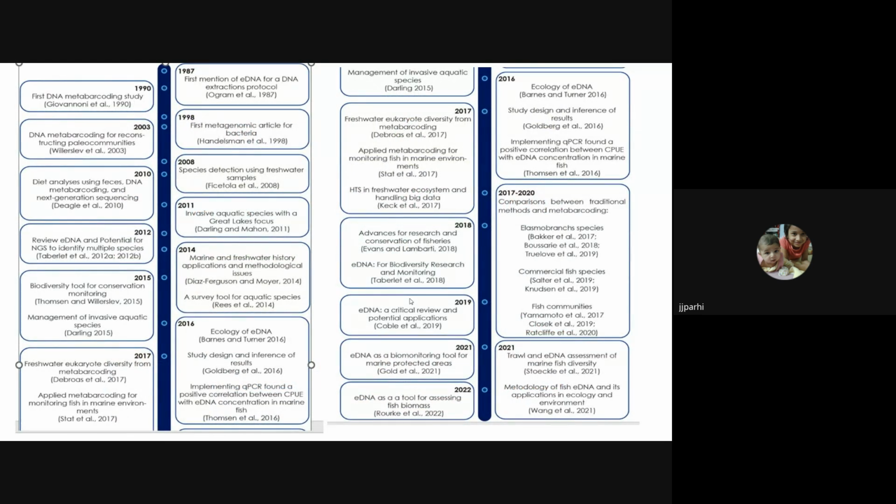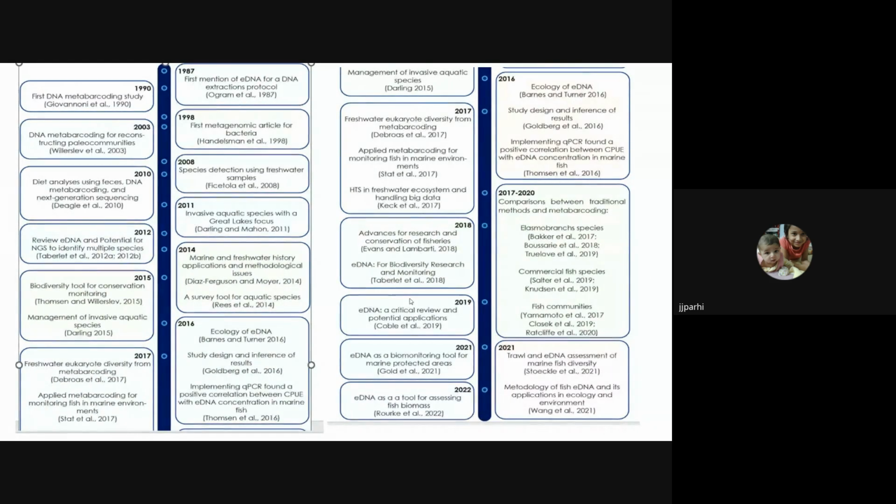Coming to the history of eDNA, it started in 1987, when DNA was isolated from sediment for the first time. Now it has crossed many stages, and in 2020-21 we have many achievements in the field of eDNA.